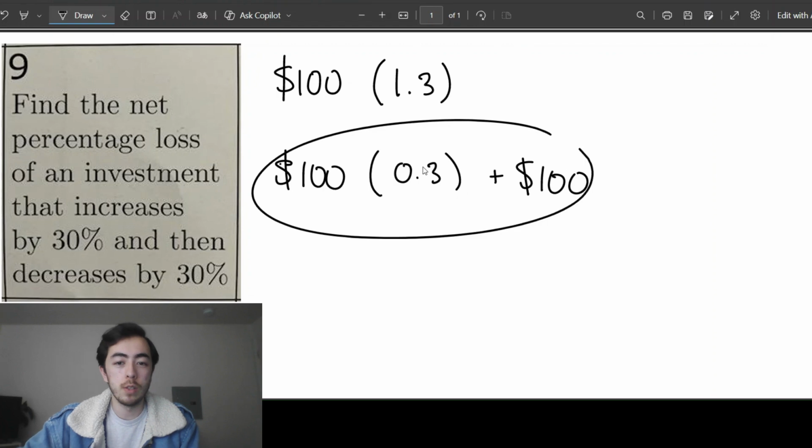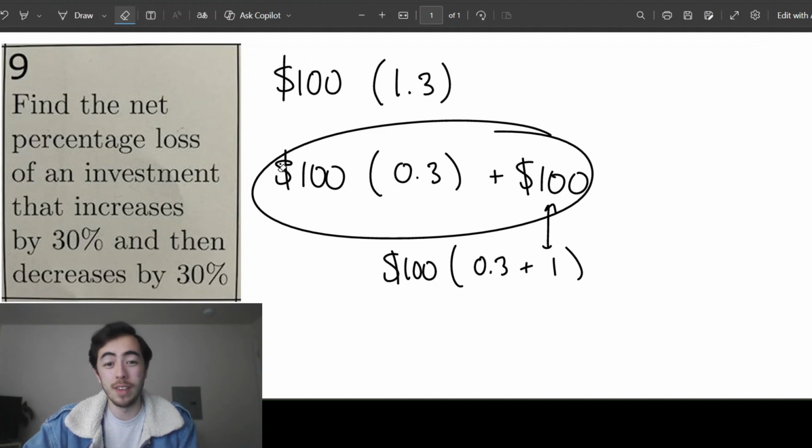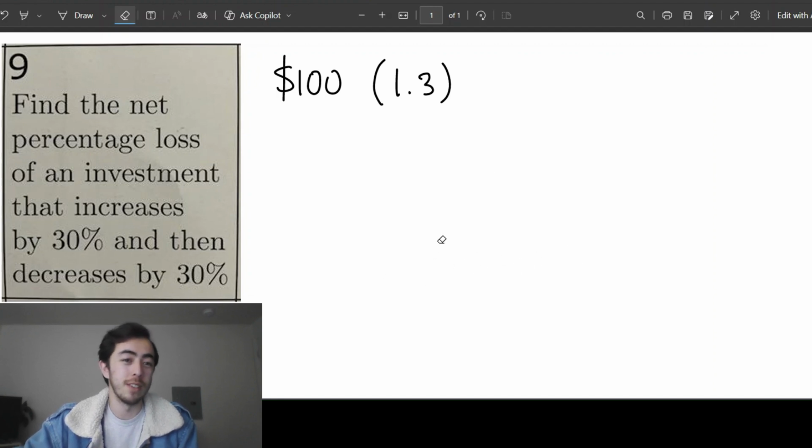Now, if you do it this way, you could just factor the 100 out, and then we do get 0.3 plus 1. The 1 is coming from the 100 that's already here, and essentially both of these strategies are the same in the end. I do prefer the first one because it's one step instead of two.